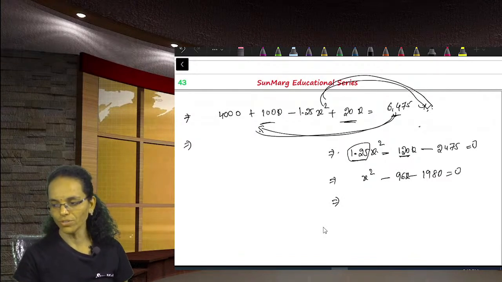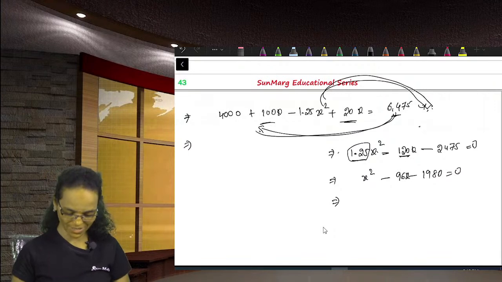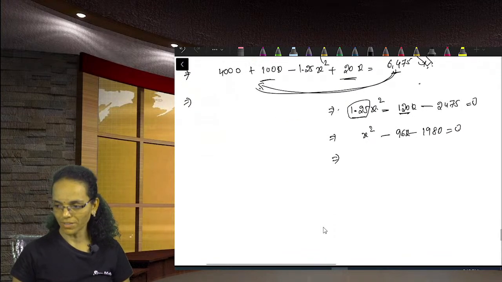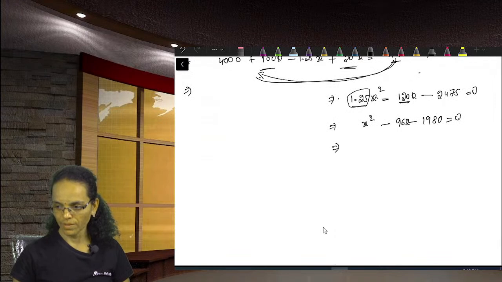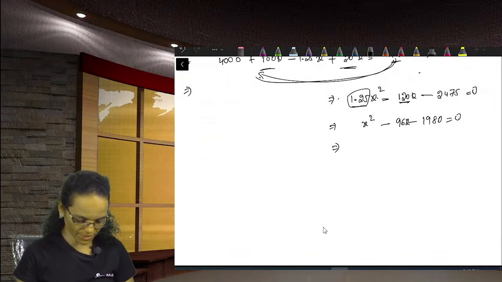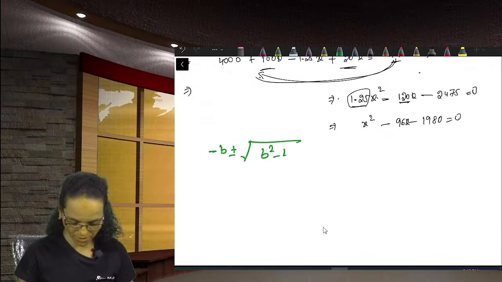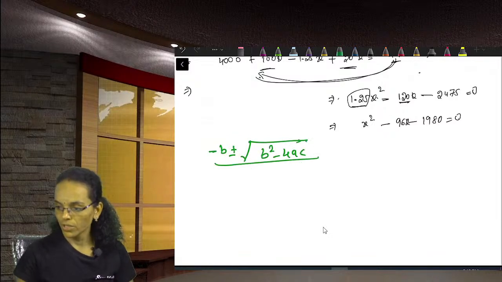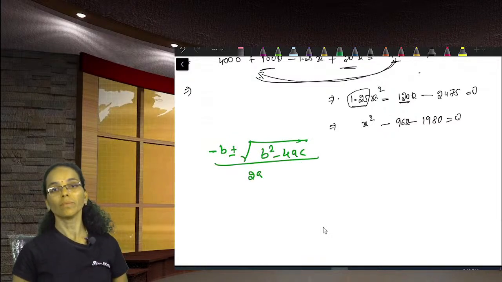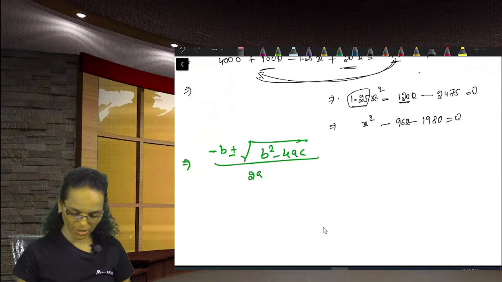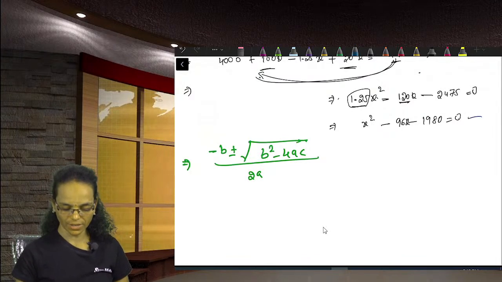Here you need some part of mathematics, the formula: x equals minus b plus or minus under root b square minus 4ac, divided by 2a. It is not possible to calculate simply.